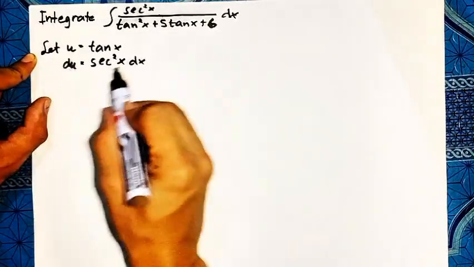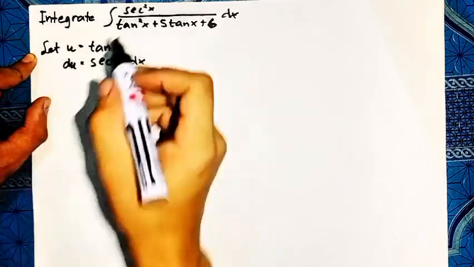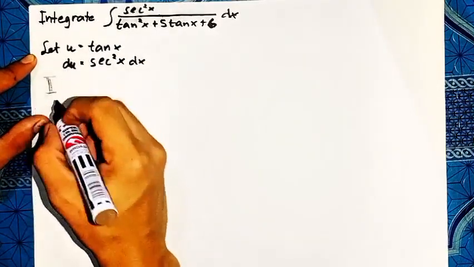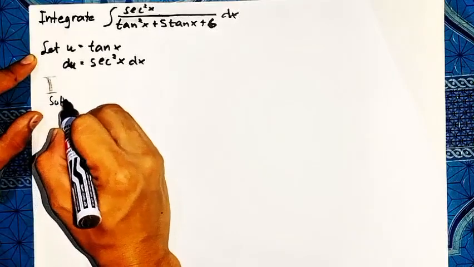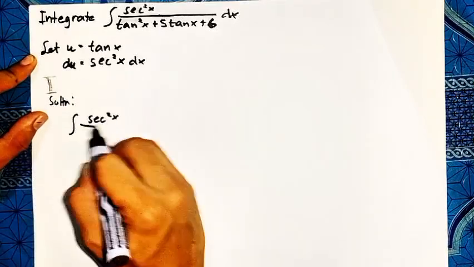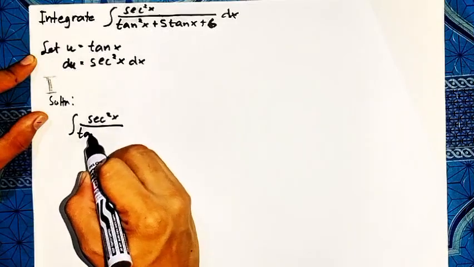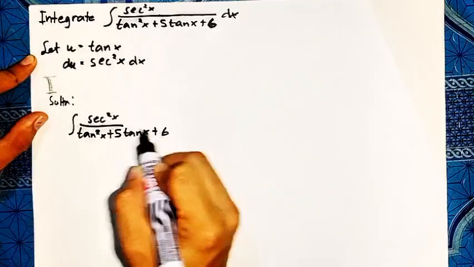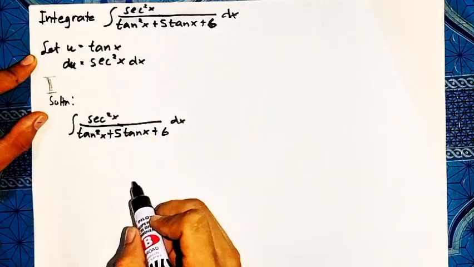Now let's substitute this u and du into our problem. So, solution. Copy the problem first: secant squared x over tangent squared x plus 5 tangent x plus 6 dx.